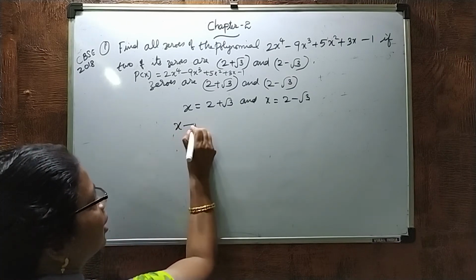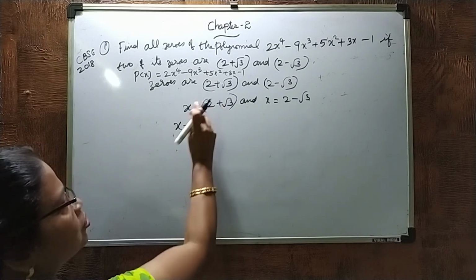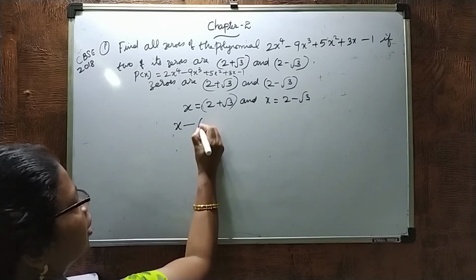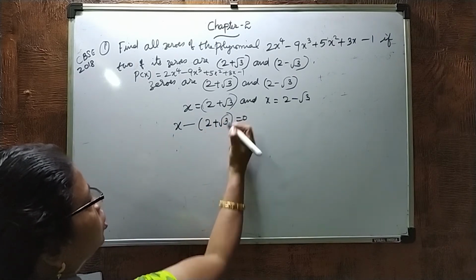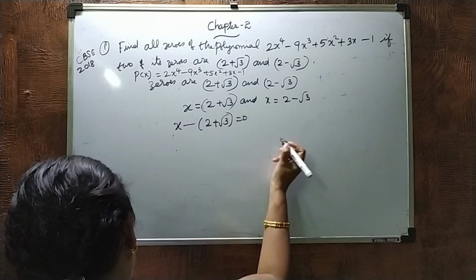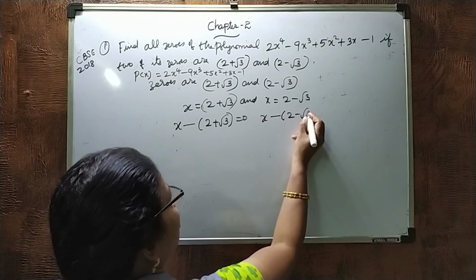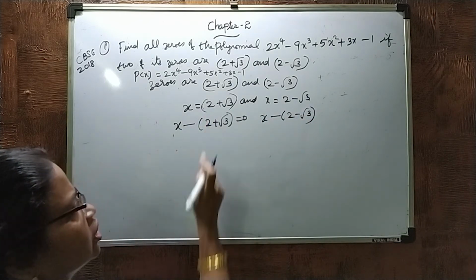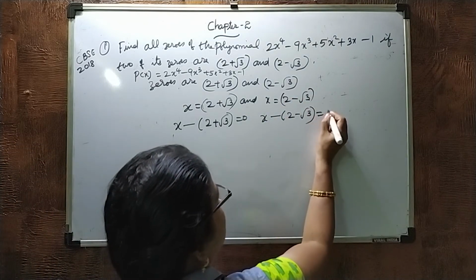So x minus, in bracket, 2 plus root 3 equal to 0, and here it is x minus, in bracket you have to write because two terms are there, so keep it in bracket, 2 minus root 3 equal to 0.